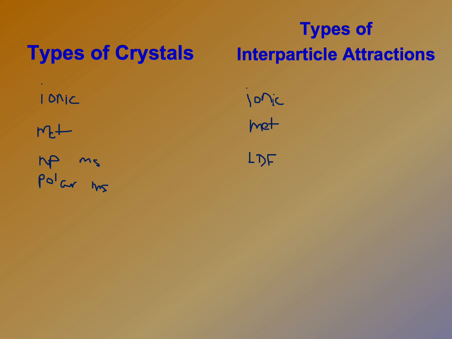Polar molecular solids will have dipole forces, as well as LDFs, because LDFs are going to be in everything that have electrons, essentially. But these could also have hydrogen bonding, depending on what our actual atoms are. So not everything that's polar will have hydrogen bonding, but that is an option depending on if we have hydrogen with that nitrogen, oxygen, and fluorine.